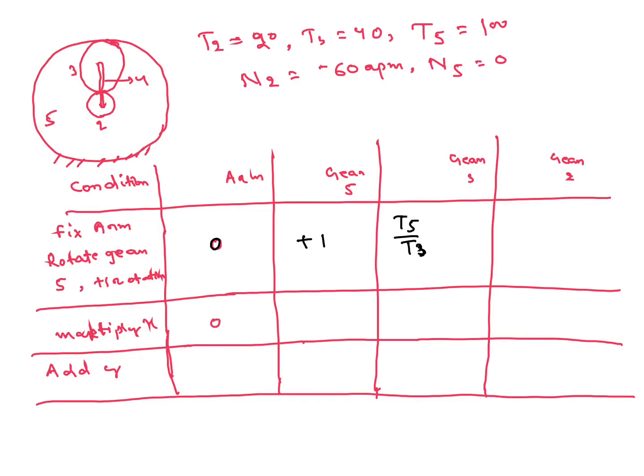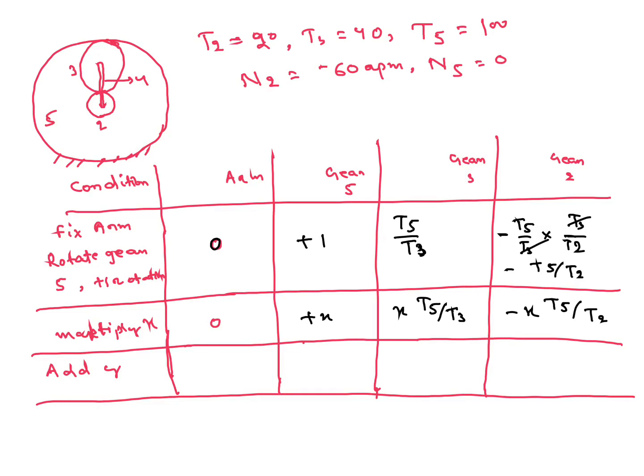For gear 2 and gear 3 they are externally connected, so minus will come, minus T5 by T3 into T3 by T2. T3 cancels, minus T5 by T2.